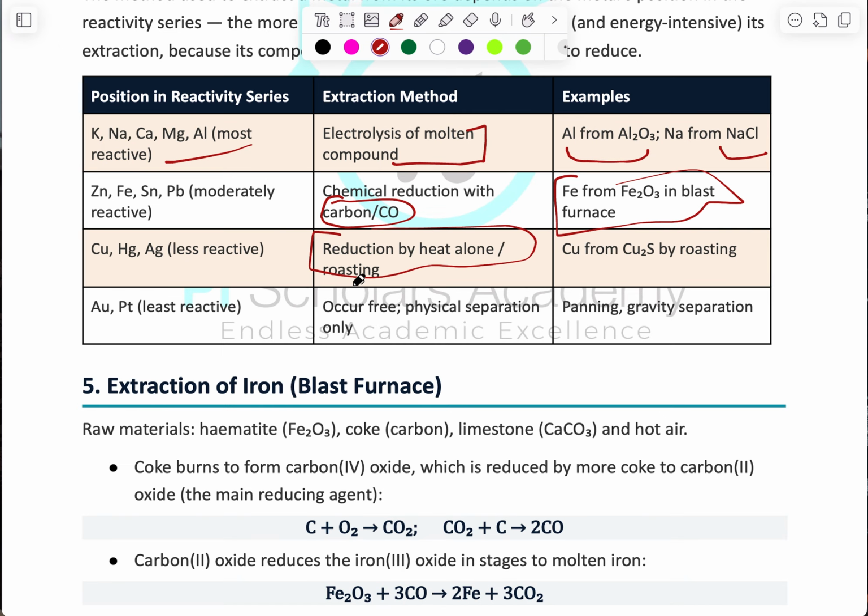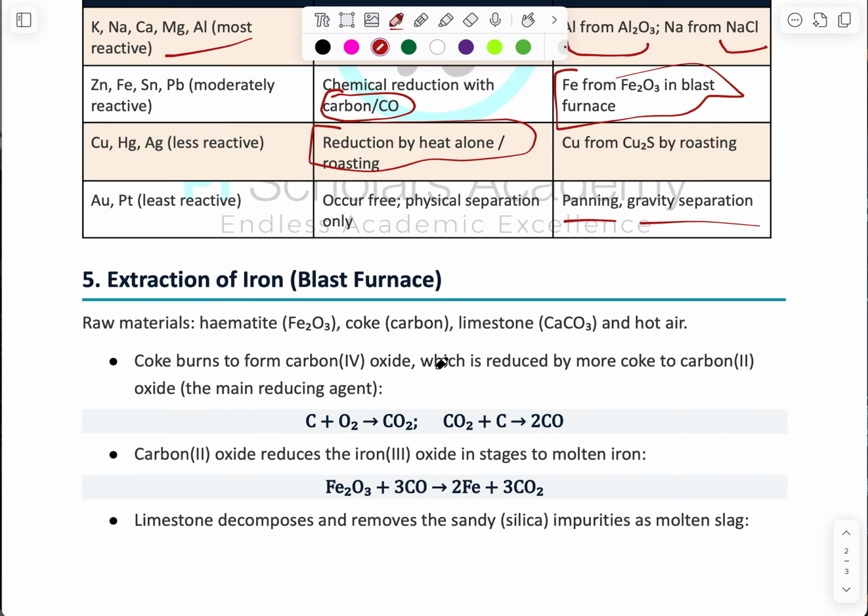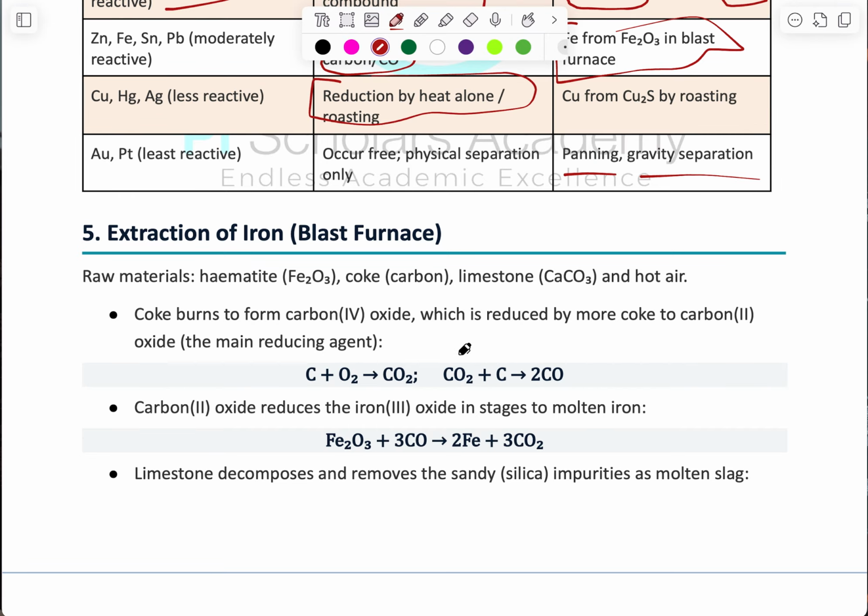For the least reactive ones, you don't need any form of extraction because they occur freely. Physical separation like flotation, panning and gravity separation is used, because they are only stained by mud or something else. They don't really need extraction.